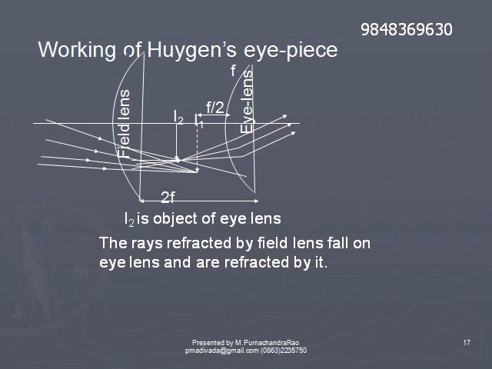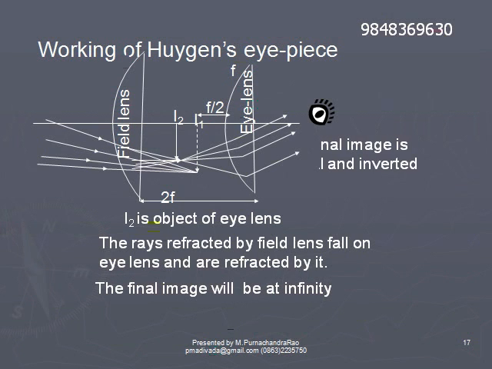The final image will be formed at infinity. We consider I2 as the object for the eye lens and the final image is at infinity. It is virtual and inverted.